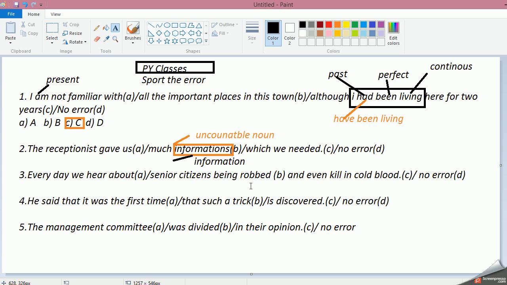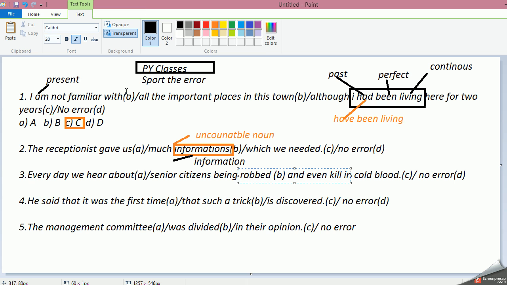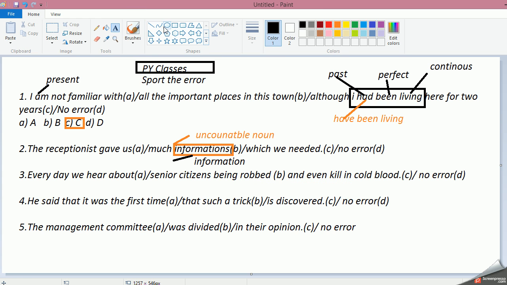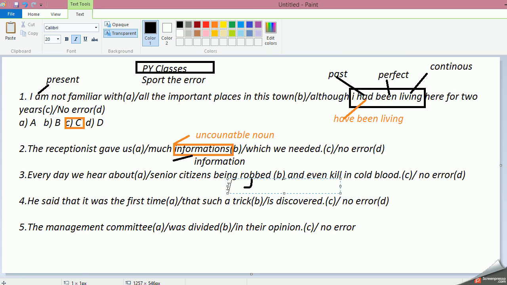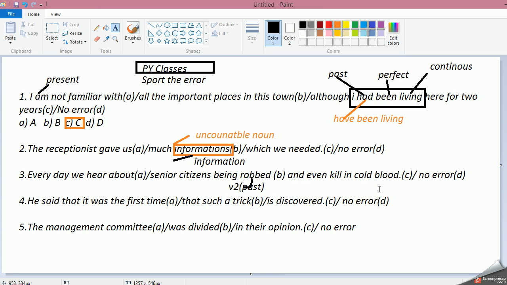How you can see here, robbed, that is past, that is v2, and it indicates past activity.